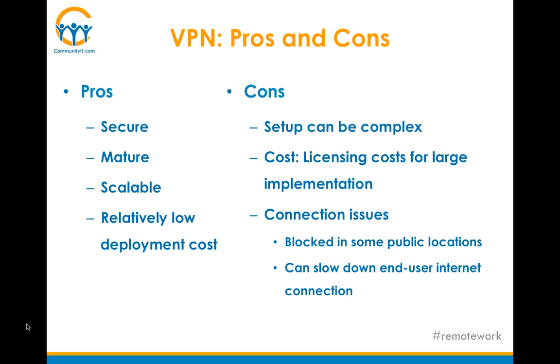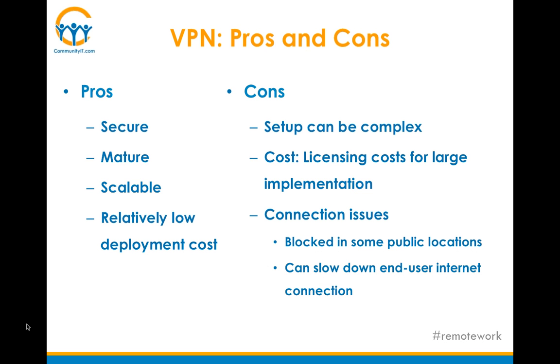So let's move to the cons. The initial setup can be difficult if you're deploying an advanced VPN solution, so the setup can be complex. The cost can scale up because of licensing or hardware costs for larger implementations, and the complexity. There can be some connection issues.